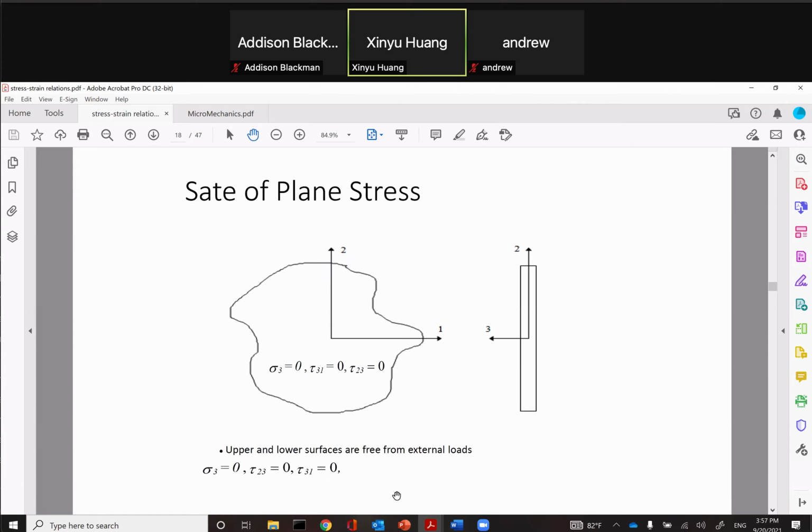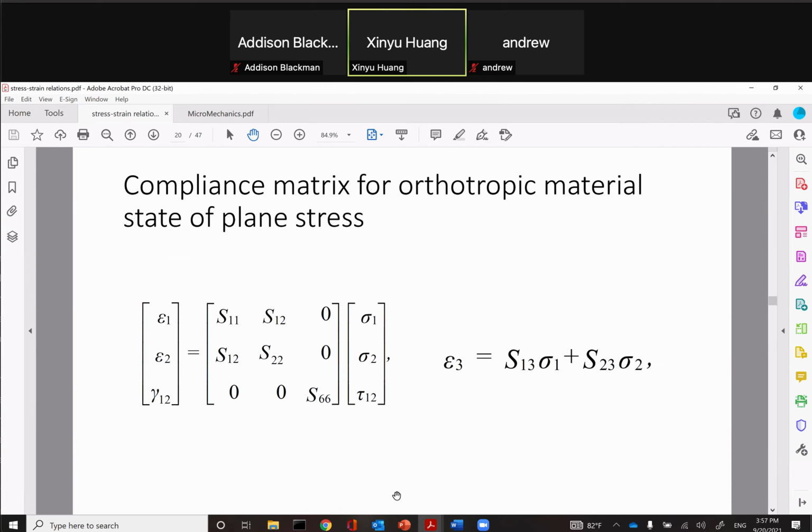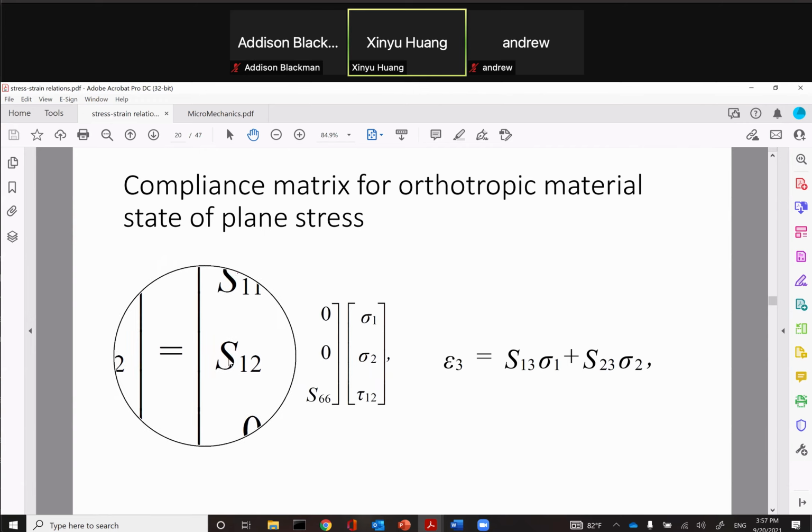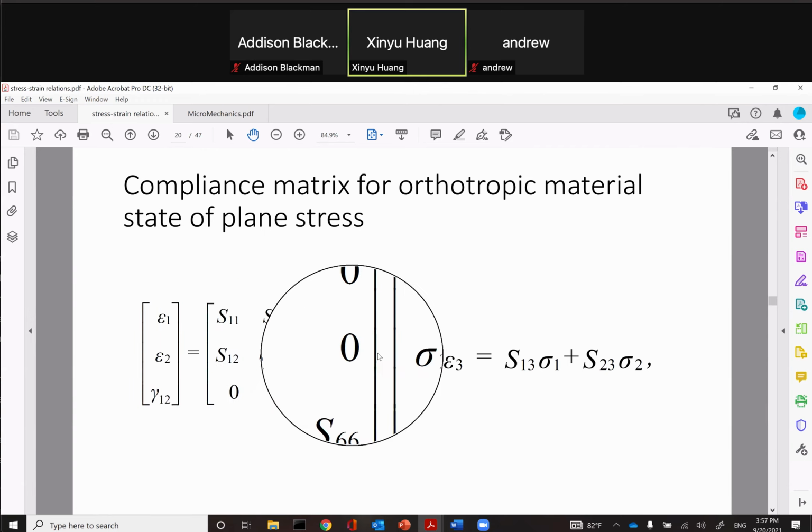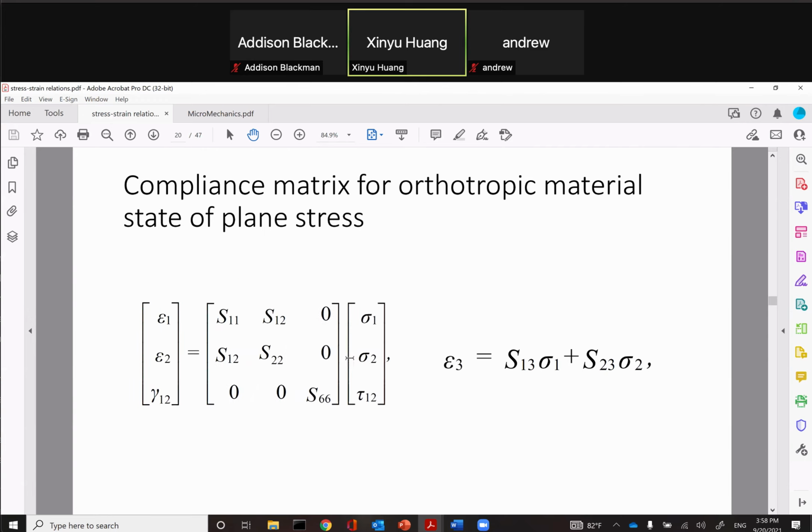It is under the state of plane stress, and if you assume the material has symmetry, like isotropic or transverse isotropic, in-plane strain is related to in-plane stress by this relationship. This relationship has many forms.